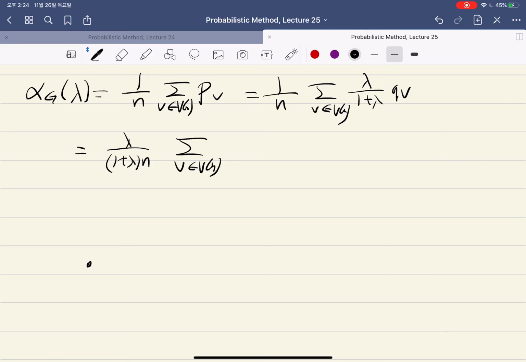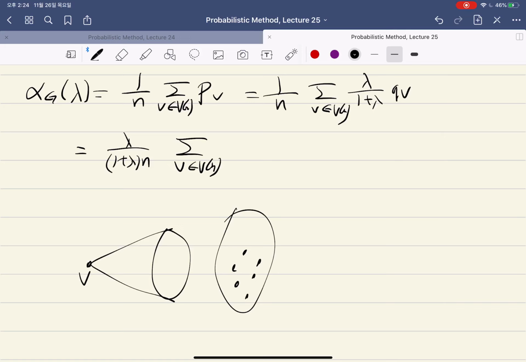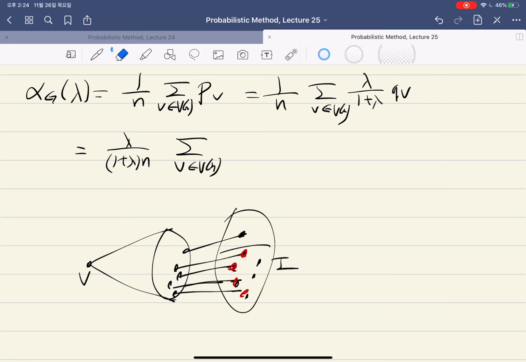So we have V and its neighbors. We want none of these to be occupied. But some of the vertices outside might already have neighbors in I, so these vertices are automatically, these belong to I. This doesn't belong to I. Or some of the vertices here might have an edge outside.